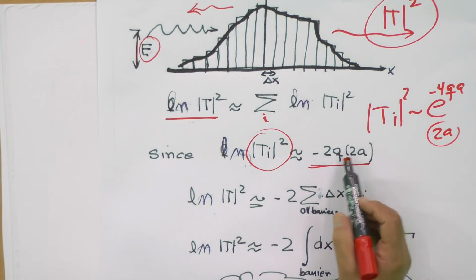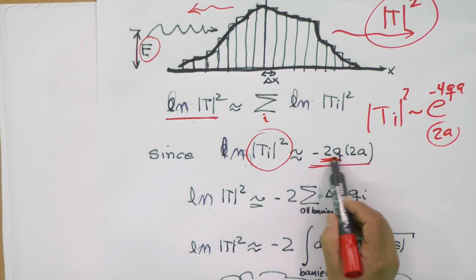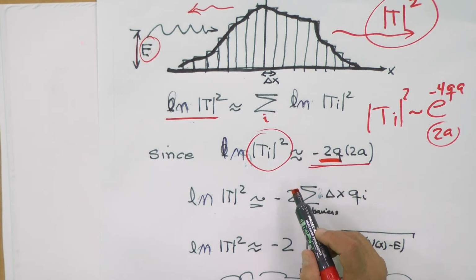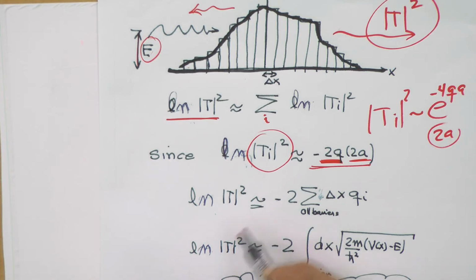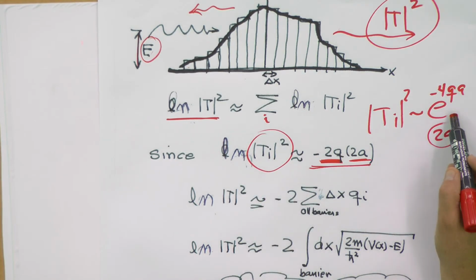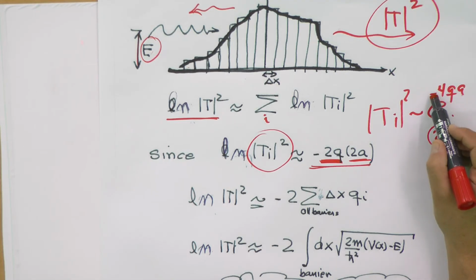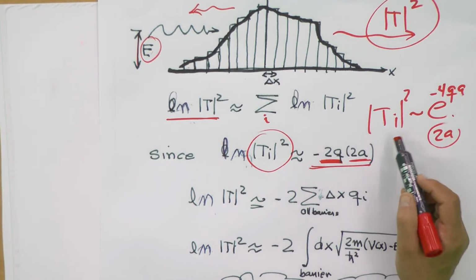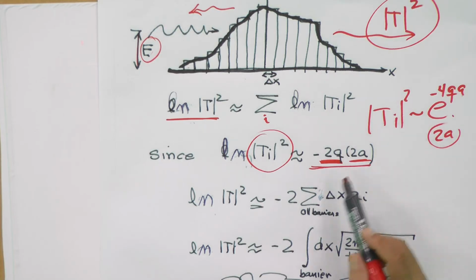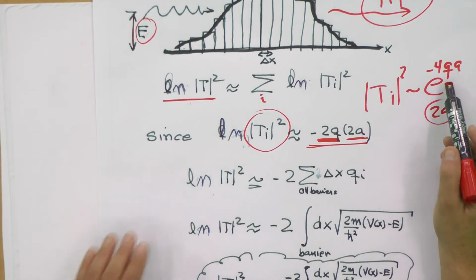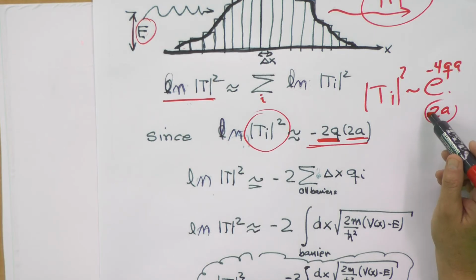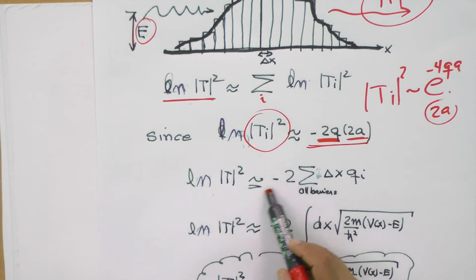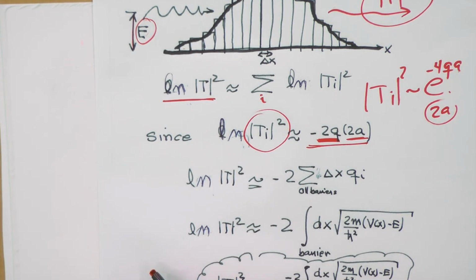So I'm trying to show you that it's 2 times q times the width of the barrier for each individual barrier. So I just wrote this as 2a and 2q. Therefore, this is the dominant term, because the rest of it I approximate as 1. And this is an approximation too.